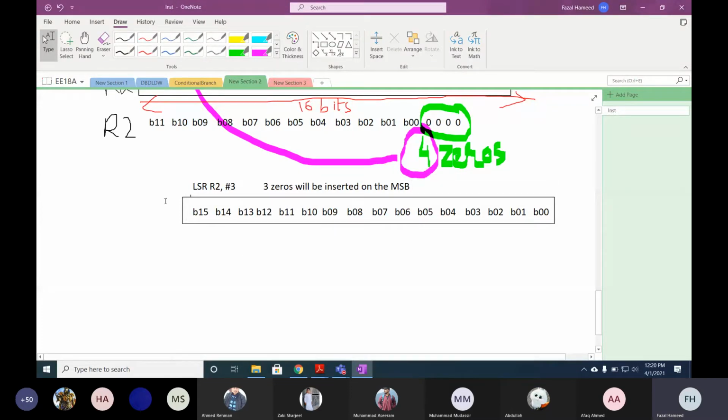Let's assume this is the content of R5 before the execution of this instruction. What will be the contents of R5? Any clue?